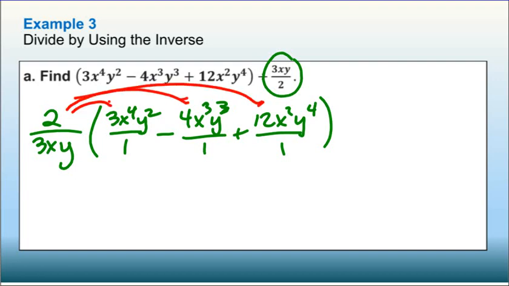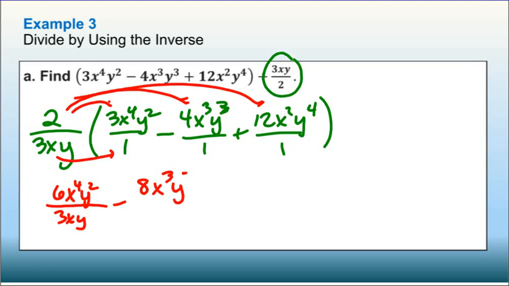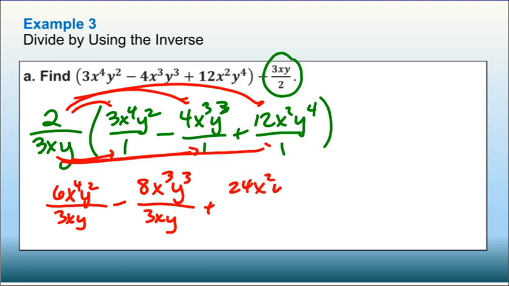So then I get 6x to the 4th y squared all over 3xy minus 8x cubed y cubed all over 3xy plus 24x squared y to the fourth over 3xy.